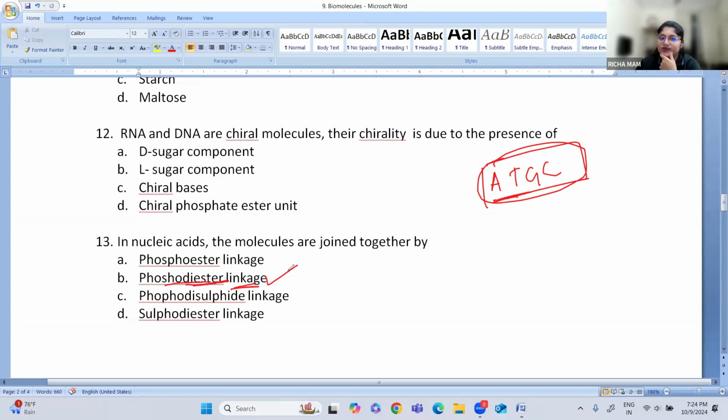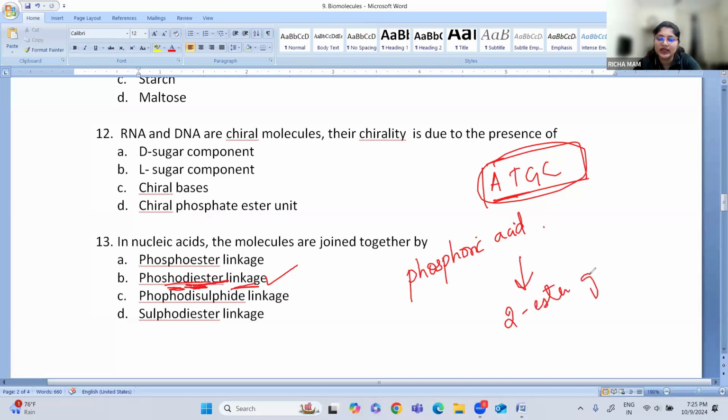This phosphodiester linkage involves phosphoric acid. There is one phosphoric acid molecule present, and it has two hydroxyl groups. They will form a diester, which means they will form two ester groups.